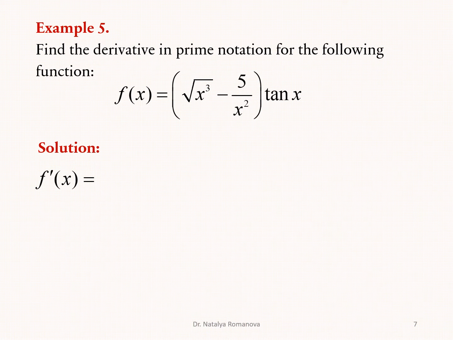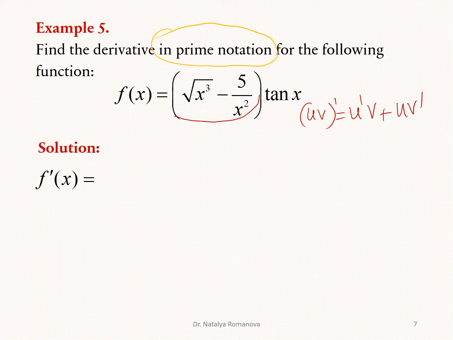Example number 5. We have to find the derivative in prime notation. For prime notation, we have the formula (uv)' equals u'v plus uv'. The first factor of our function is u. The second, tangent x, would be v.